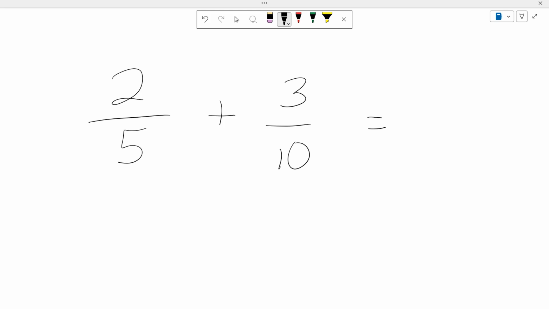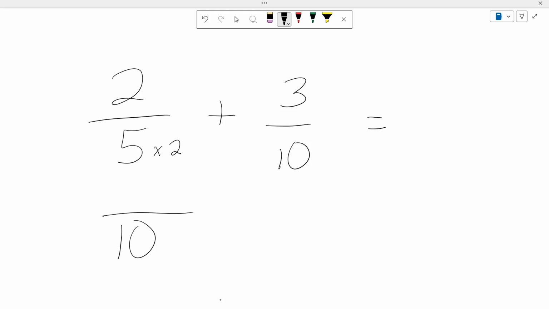So, 2/5, to make 5 into 10, what do we multiply by? 2. What's 35 divided by 5? No. How many touchdowns make 35 points?